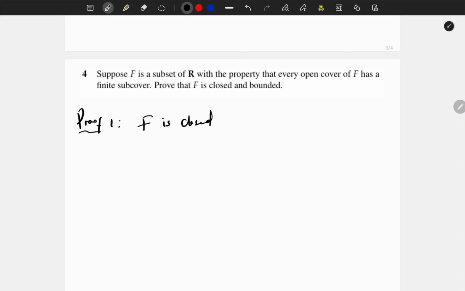We are going to prove this by contradiction. So assume F is not closed.